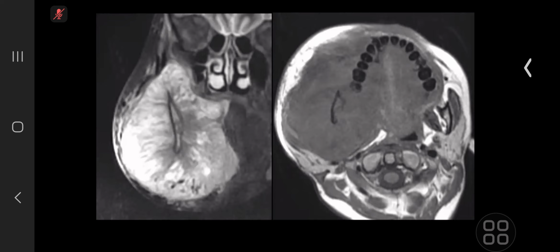What's your differential for this case? In terms of other lesions associated with the jaw, you can get things like an ameloblastoma, but it wouldn't have a soft tissue component like this, and I expect to see a bubbly appearance on the plain film. And I don't think this is arising from any of the teeth.